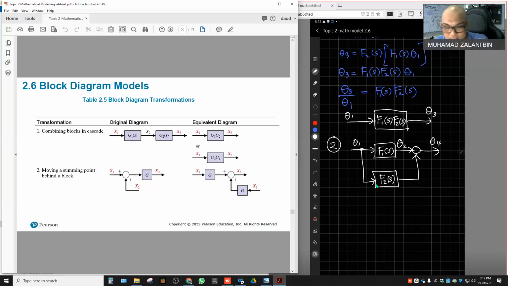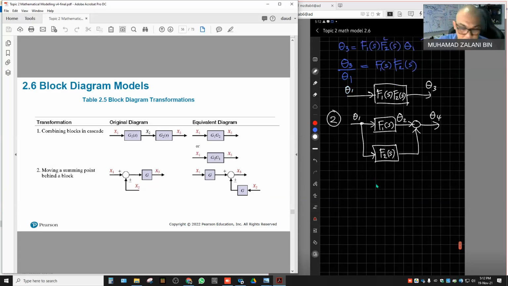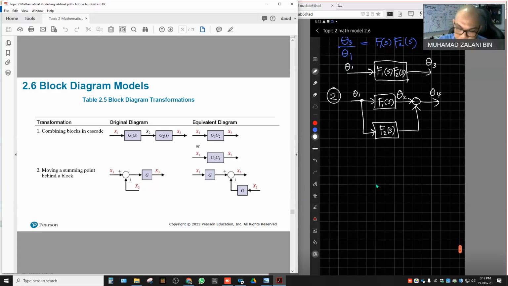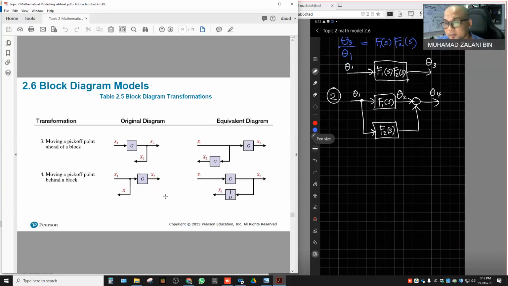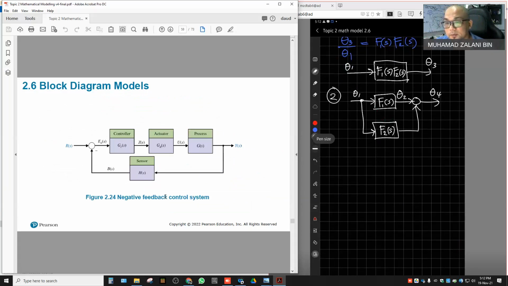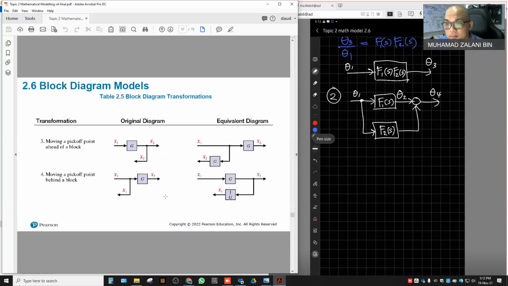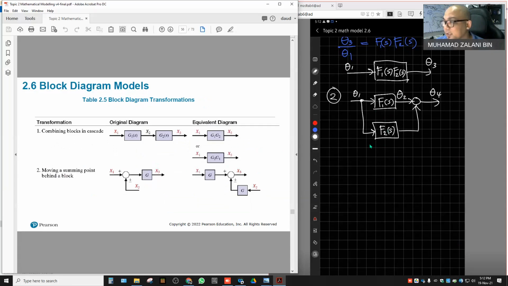So we call this a parallel block. How do we draw the equations that relate these two blocks in parallel, so that it becomes one single block? For this summing point, sorry, I missed one theta, which is theta 3 here.